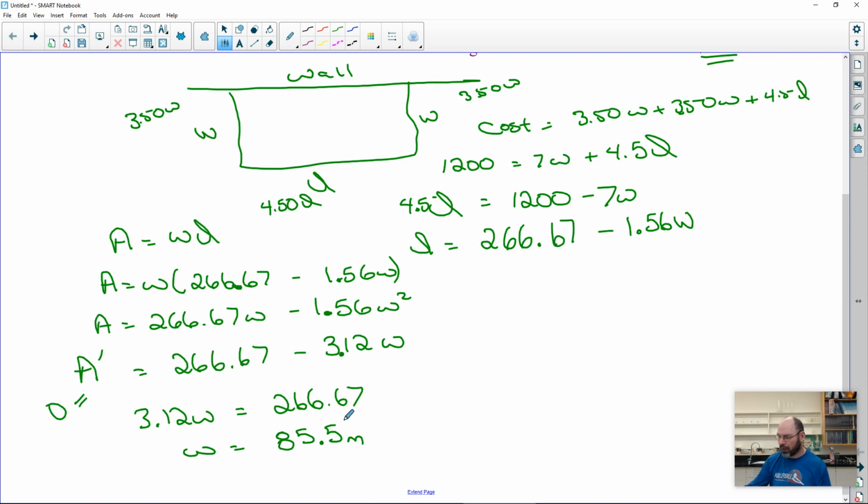Okay, that tells us what our value for the width is. What about this length here? Well, our length equation is right here, which we can just plug it in. L equals 266.67 minus 1.56 times 85.5 meters.